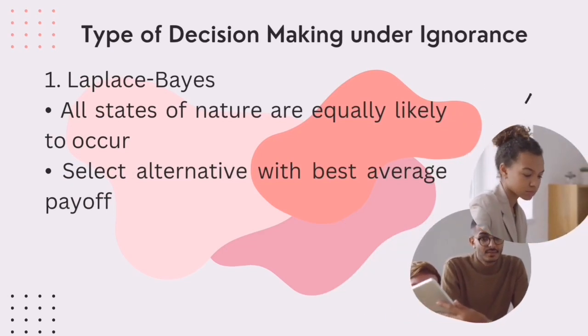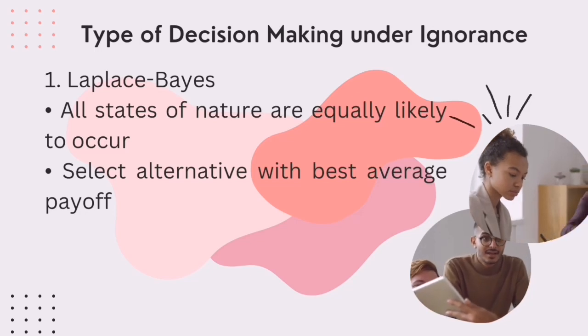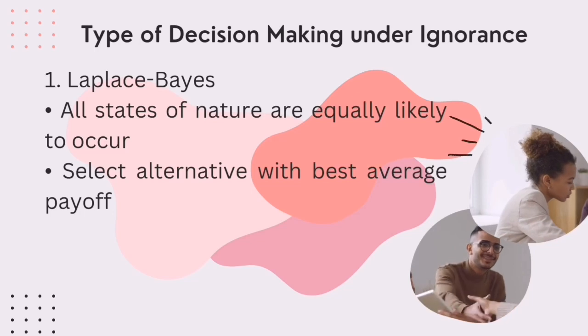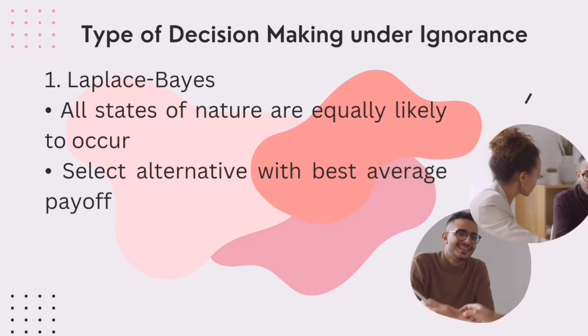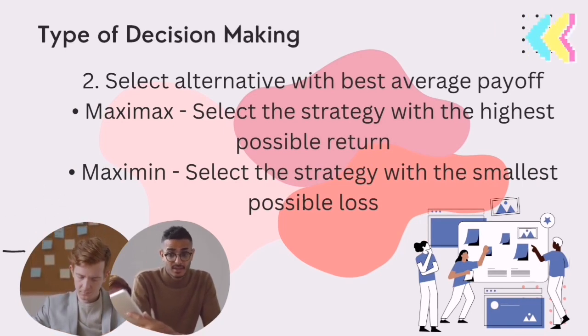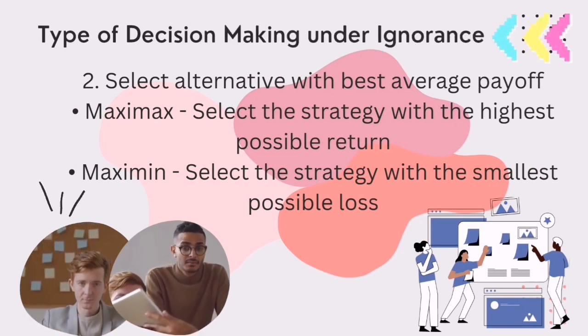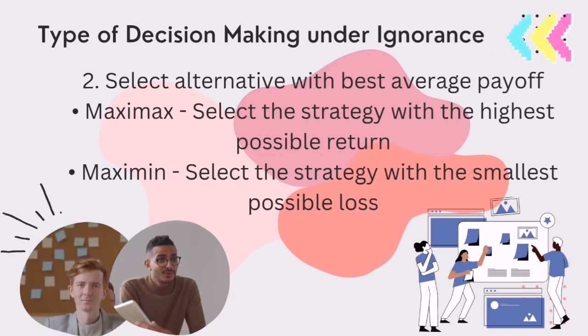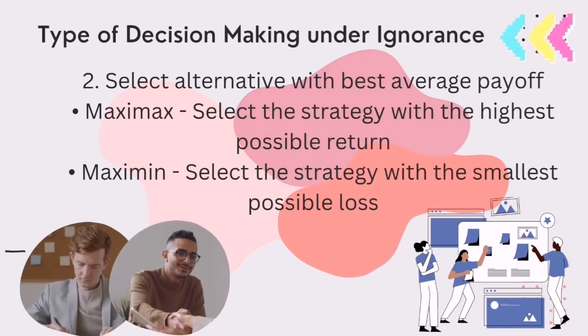Number one is Laplace bias: all states of nature are equally likely to occur, and next is select alternatives with average payoff. Next type is Maximax, which is select the strategy with the highest possible return. For the Maximin, they select the strategy with the smallest possible loss.